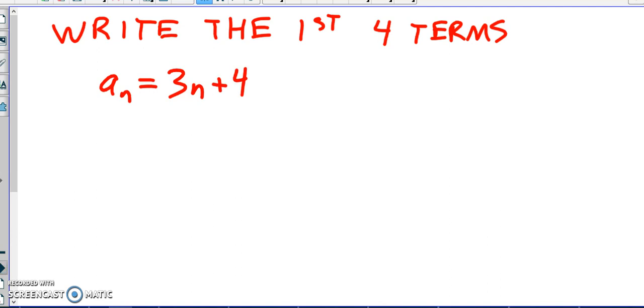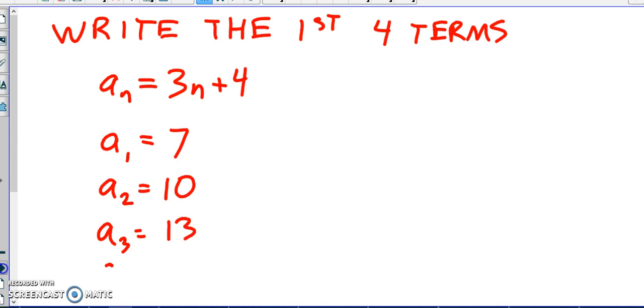So if I'm going to write the first four terms, first I'd have to figure out what a1 is. Well, as you might guess, a1 is 7. 3 times 1 plus 4. a2 would be 10. 3 times 2 plus 4. a3 would be 13. And a4 would be 16.